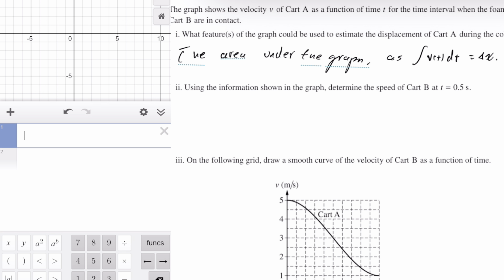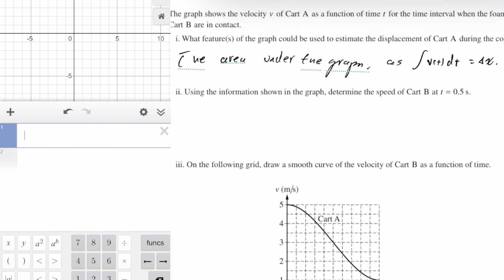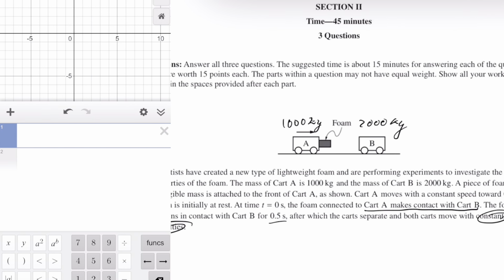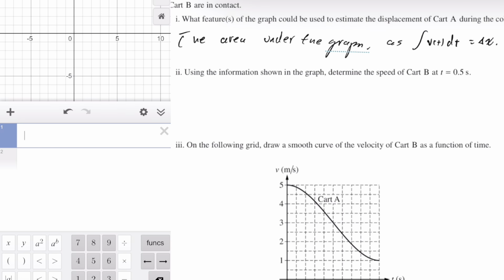Okay, using the information shown in the graph, determine the speed of cart B at t equals 0.5 seconds. We need to understand that in this situation, dp/dt equals 0. There's no external force acting on the system of the two carts. It's an internal impulse, an internal collision. So we can use conservation of momentum, but we're going to be careful here.